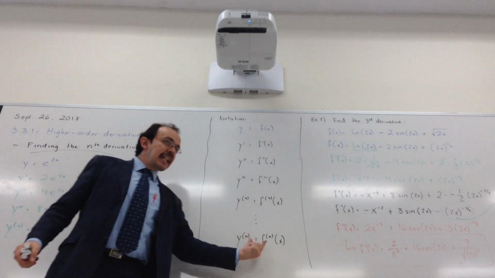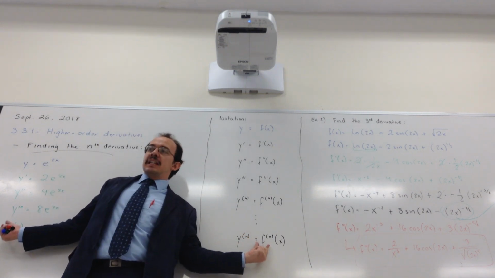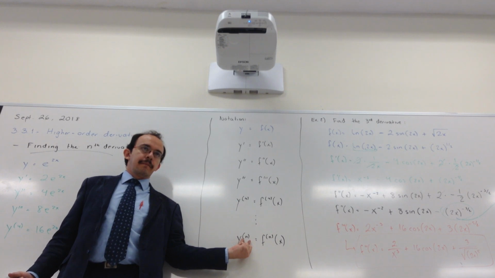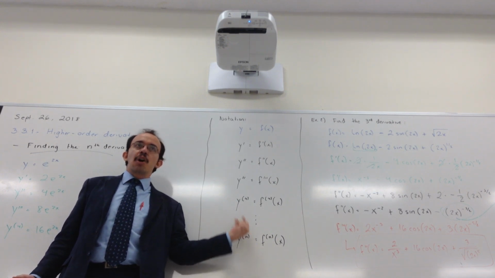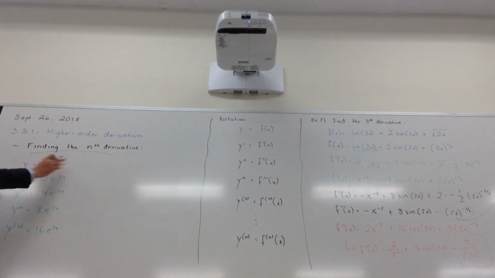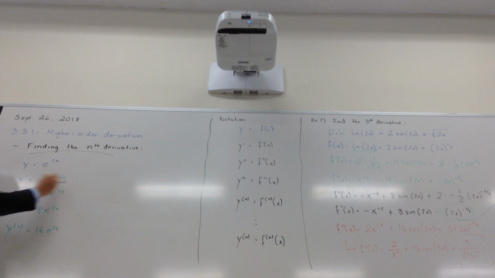The idea to get the nth derivative is to get a formula that is related to the level of derivative and that generalizes all of them. In this case, this is the original function. You have 2 parts: the part with the e and the part with the coefficient. The part with the e is the same for all of them, but the part with the coefficient is changing.